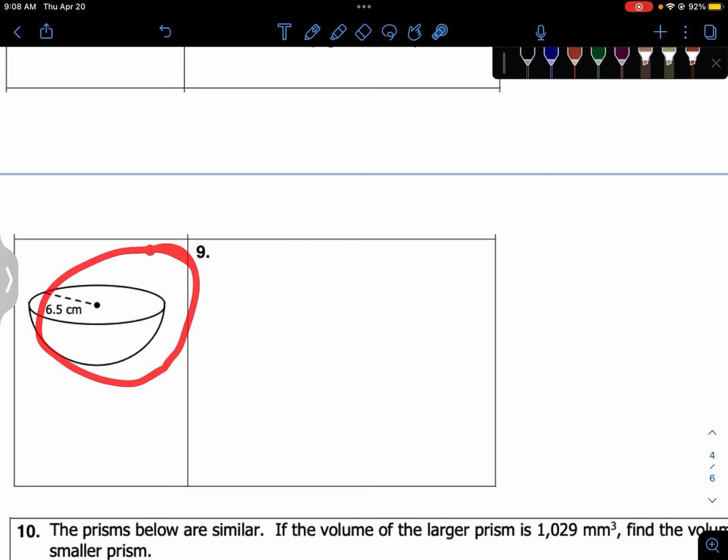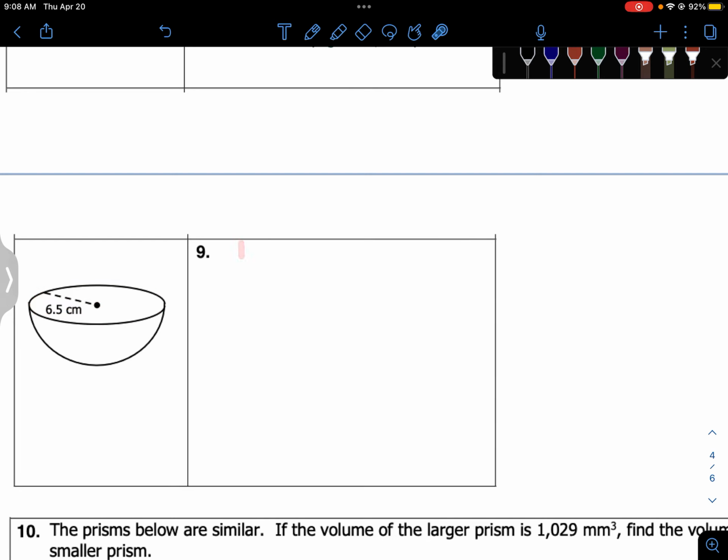Our last shape that we're going to find the surface area of. With surface area, we have to think we are covering the shape. What we are going to do is find the surface area of not just half the sphere, but we want to cover this circle right here as well.